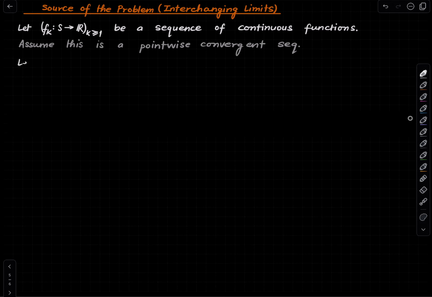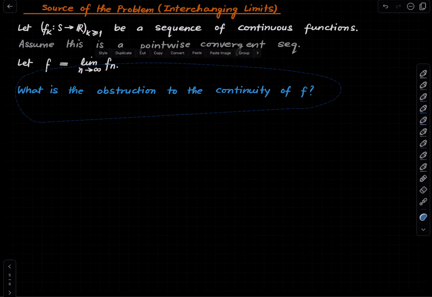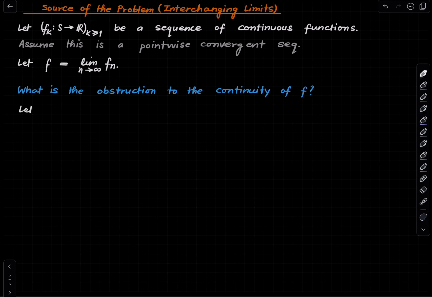So let f be the limit function. What is the obstruction to the continuity of f? Suppose we wanted to show that f is continuous at a point x. So let x be fixed in S. We want to argue the continuity of f at x. So fix a sequence xn in S such that xn converges to x.